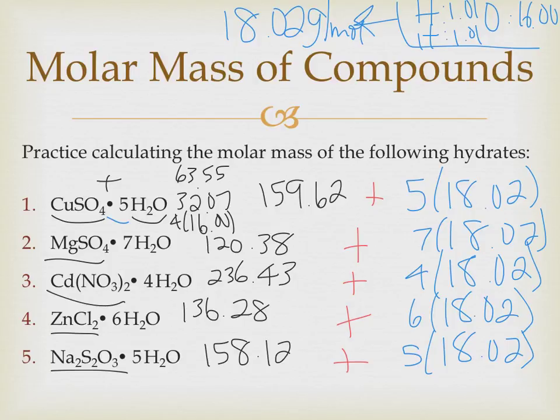So for copper 2 sulfate, we calculated the molar mass of copper 2 sulfate to be 159.62, and the molar mass of the water that's attached is 5 times 18.02.